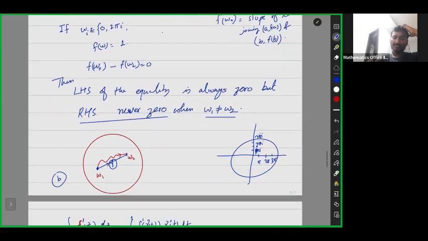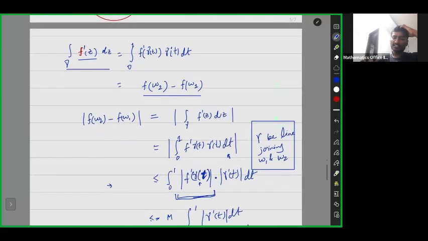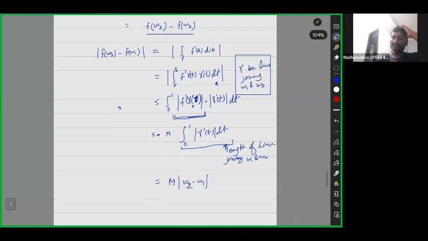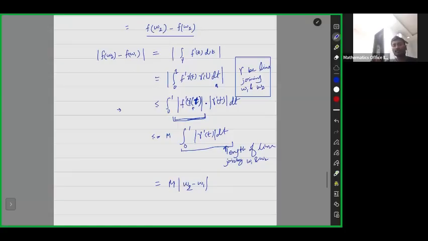So in the above inequality, where could we have found this strict inequality? The only option is here, right? But it is not always true.